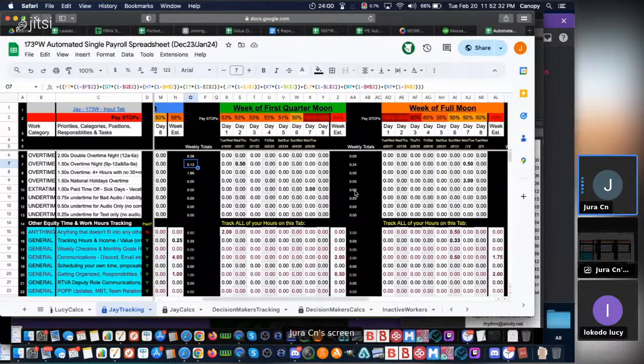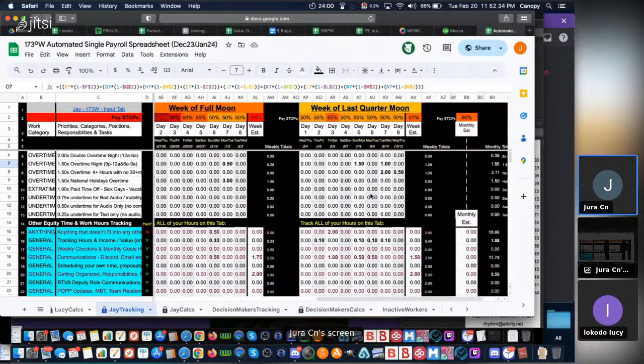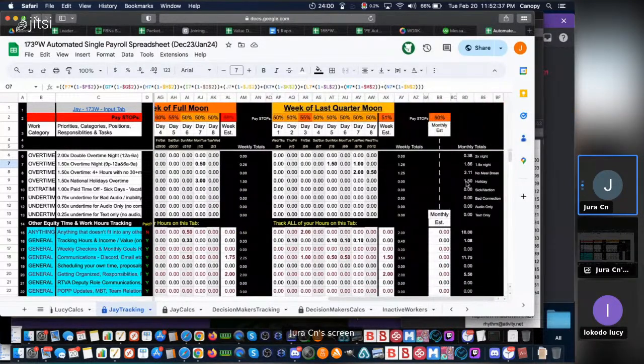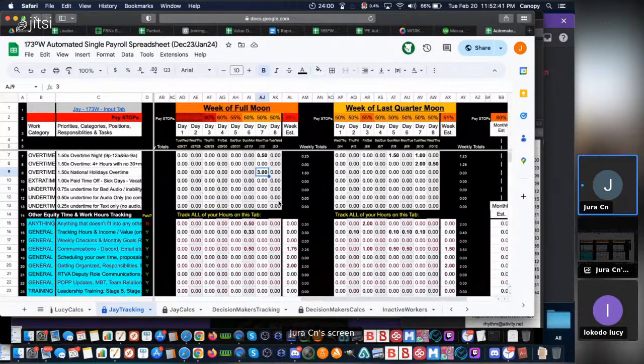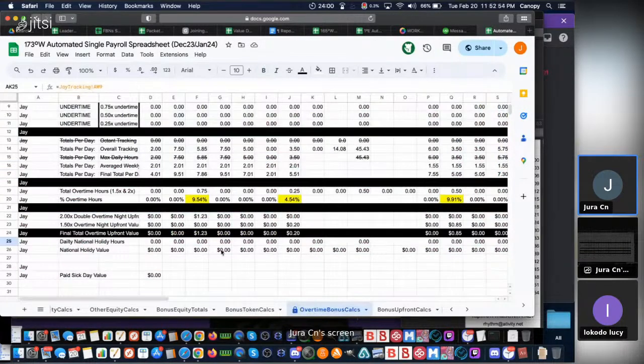So the weekly totals already take account for the pay stop. So when it takes the total 1.5 hours, this is already 50% of the value of the 3 hours. So that means it's already pre-calculated properly for the pay stop, which means that we actually don't have to do the calculation. It's much simpler, which is great.